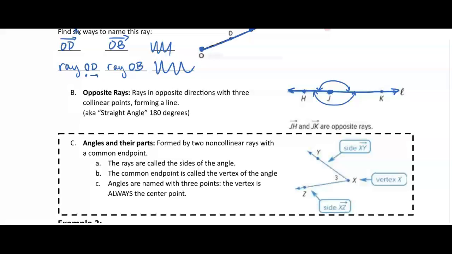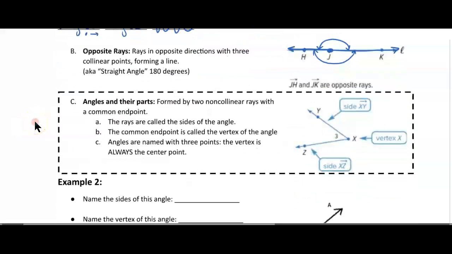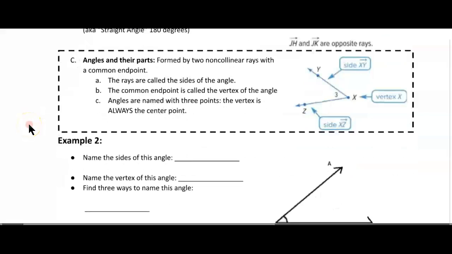That forms a line. And then specifically, when we have 2 rays that aren't opposite in particular, but any 2 rays sharing a common endpoint, they are known as angles. So here we have an angle made up of 2 rays. The rays are the sides of the angle.